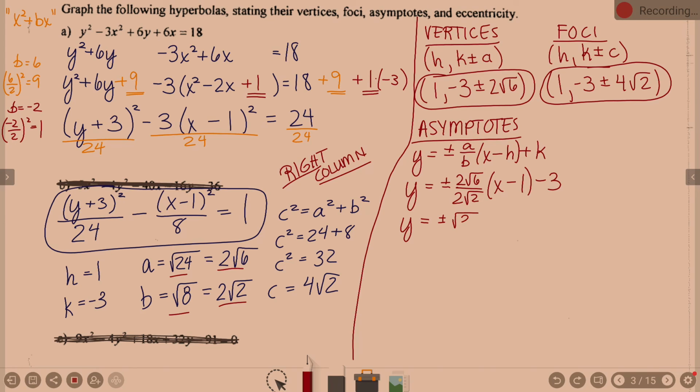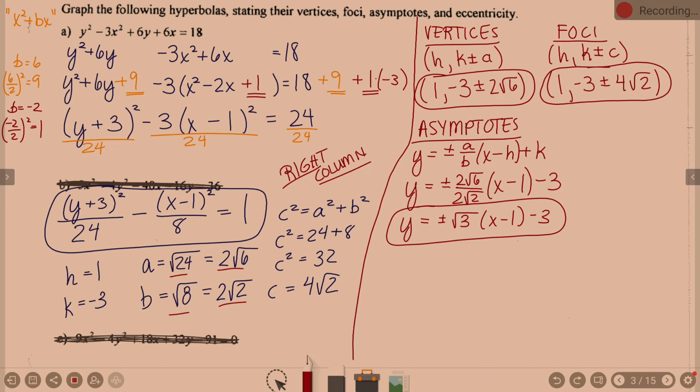Square root of 3. Now, you could graph this. We could also put it in point slope. For the benefit of what we're doing here, I'm just going to leave it as is. And I'd have to look at the answer key to make sure that's how I left them in the answer key.